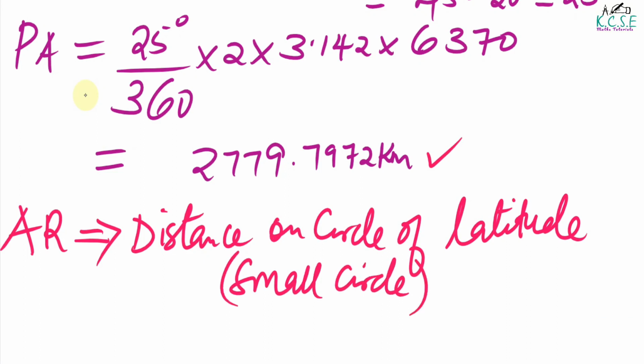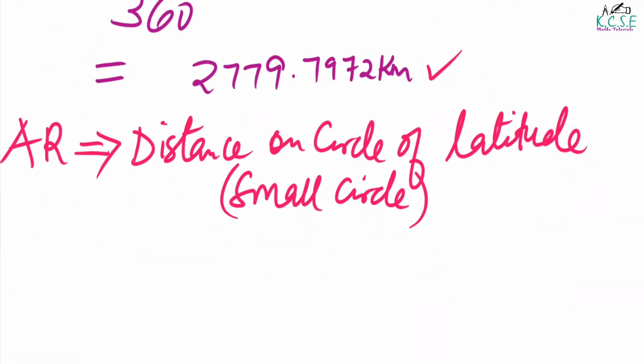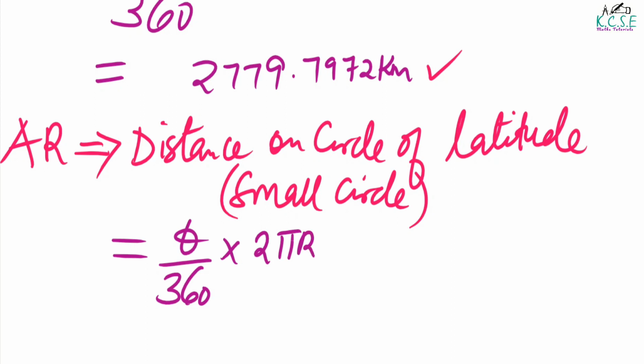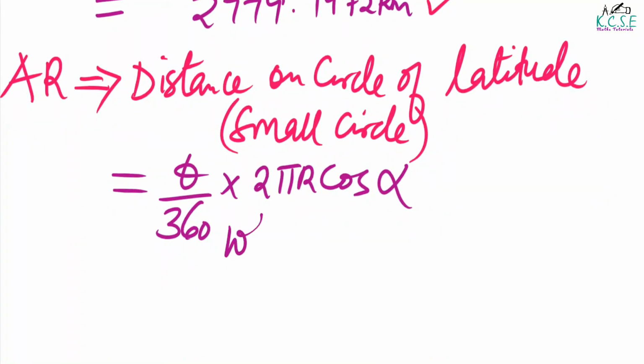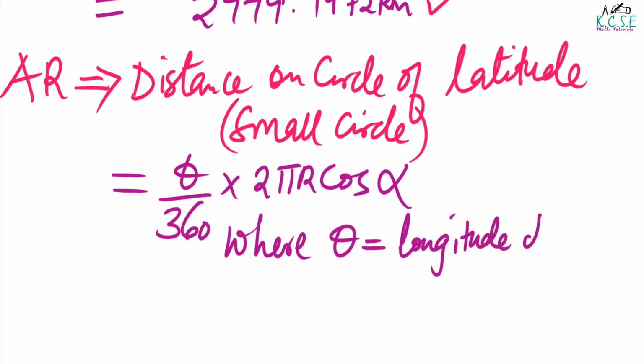That is the distance along the small circle or circle of latitude. To obtain such a distance, the formula that we use is this: distance equals theta over 360 times 2 pi r cosine of alpha, where theta is the longitude difference and alpha is the latitude angle.